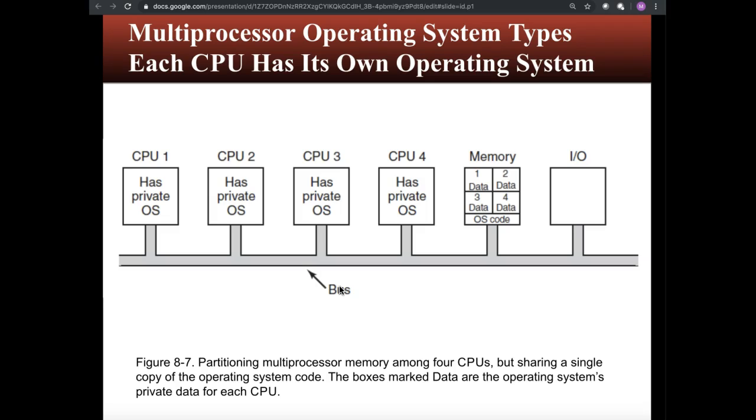We can break it down where every CPU has its own operating system.